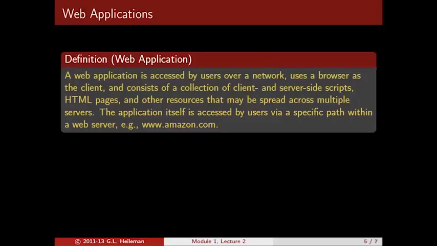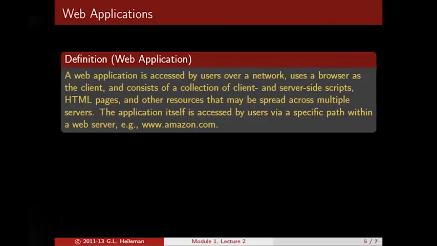Now let's define a web application. A web application is accessed by users over a network using a browser as the client and consists of a collection of client and server-side scripts, HTML pages, and other resources that may be spread across multiple servers. The application itself is accessed by a specific path within that server.